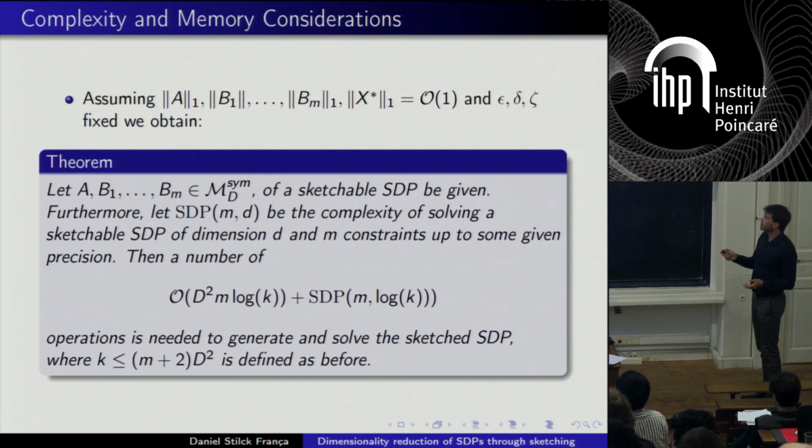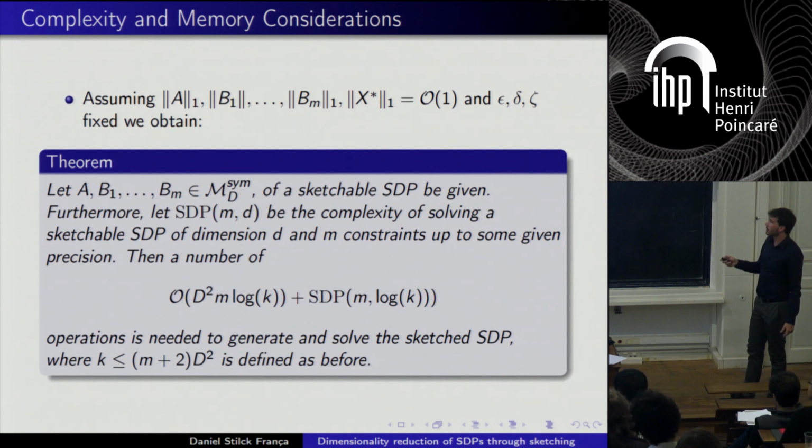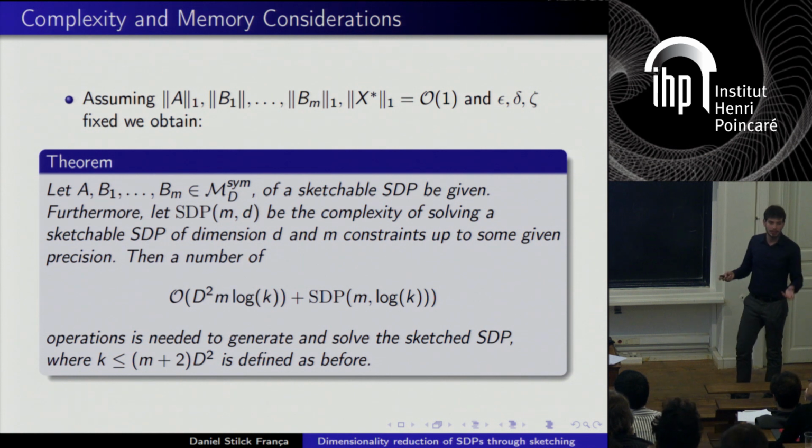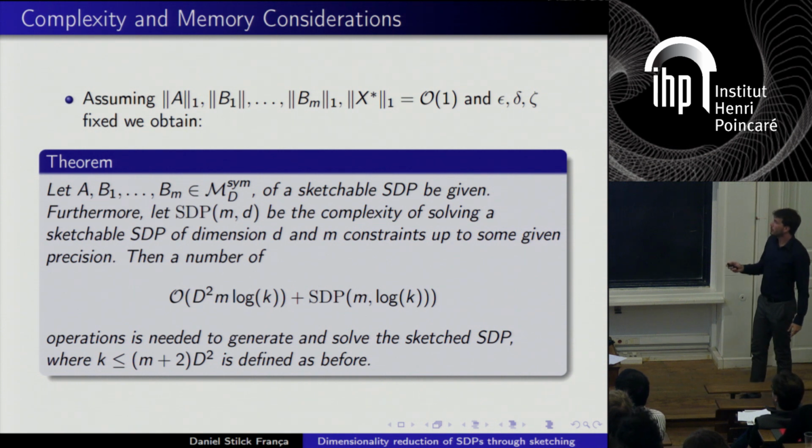So this term tells you how expensive it is to solve the sketched SDP, and this term here tells you how expensive it is to actually compute these matrices S Pi S transpose, which we need to state the sketched SDP. And we see that this is in general the more expensive part of what we do. This is the main bottleneck.